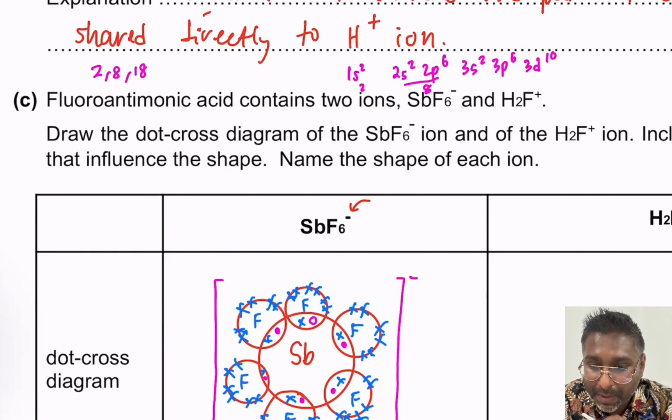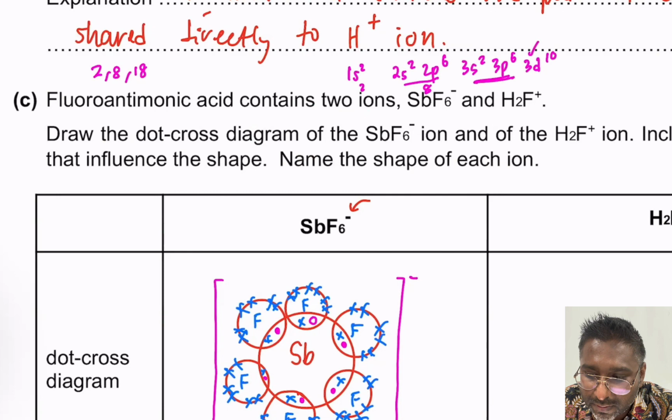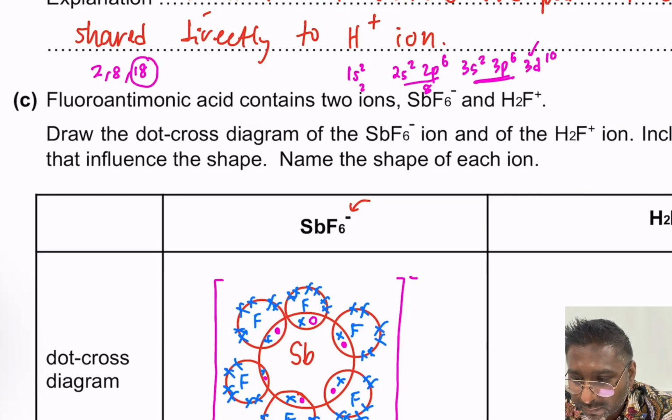Most of the time we are talking about 8, but the principal quantum shell number 3 also has the subshell of D. So they can expand all the way to 18. I hope that answers your question, Vivian. So this one can go not only octet, it can go all the way to 18.